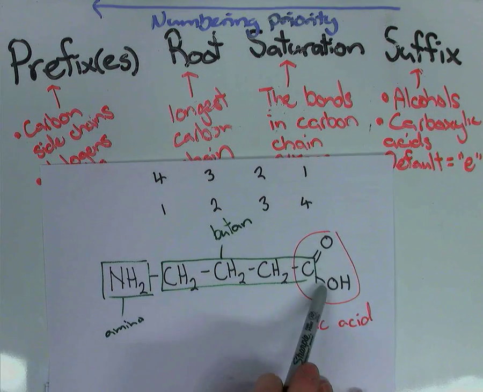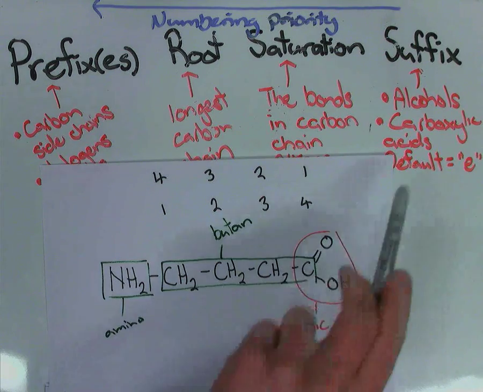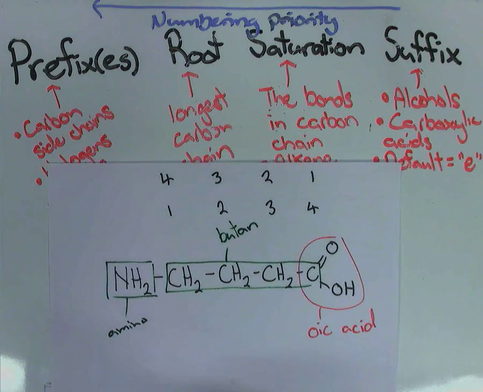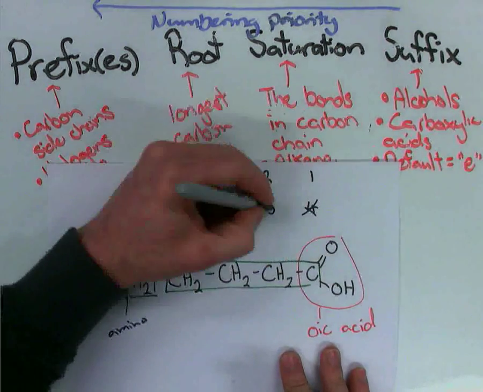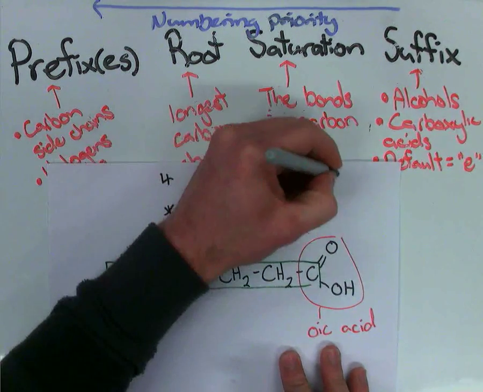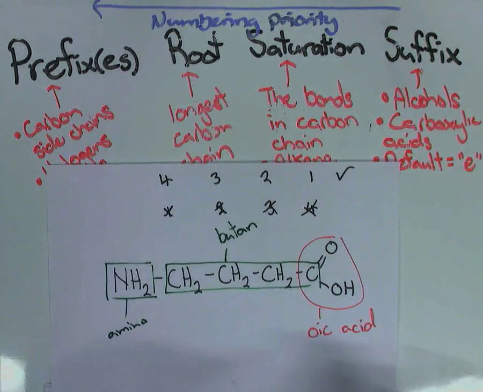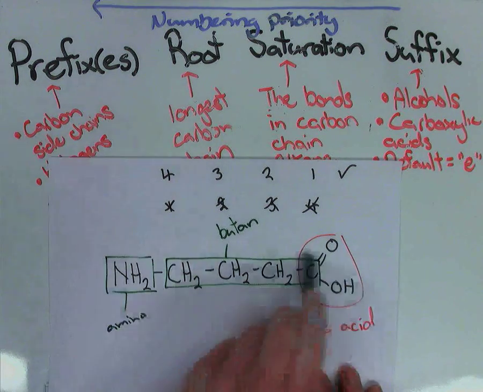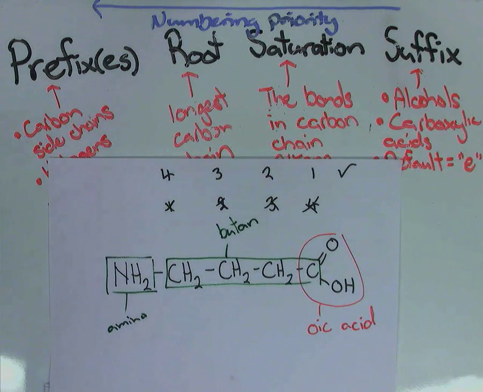So this is what we need to give the lowest number to because it appears later in the name as a suffix than it does in this, which is a prefix. So giving it number 4 doesn't make a lot of sense when we can give it number 1. So we're going to go with the top sequence. I'm actually numbering right to left, but that's okay because I have to use a numbering priority system. I don't always number the same direction that we would read a page.